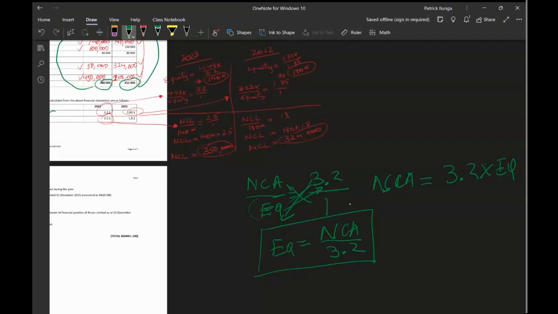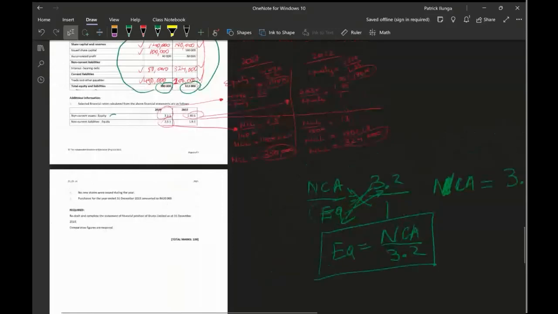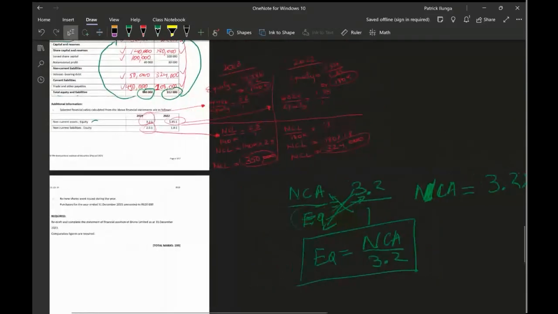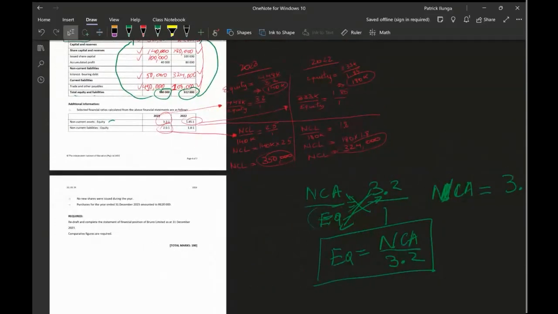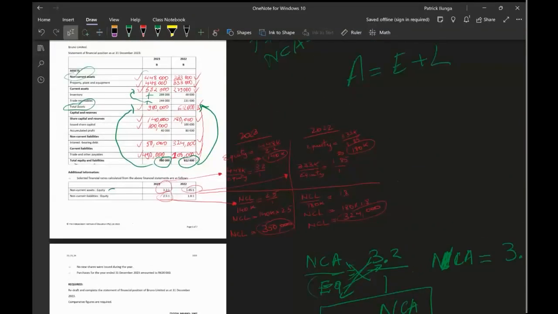Not sure why this fraction would have a problem with a tertiary student, but not everybody struggles with this. I'm just putting it here in case any one of you was struggling. That's what it's all about: find what you have, what is known, and find the unknown from it.